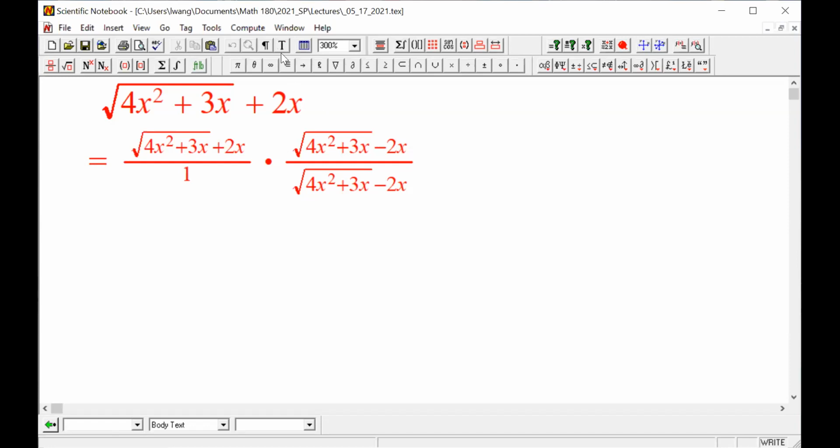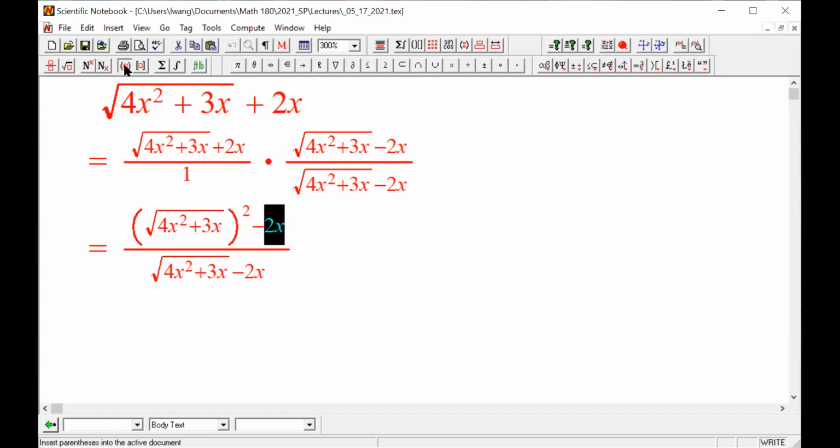Next, we got the denominator, 1 times that, so there's no change. Denominator stays the same. Numerator, you just have a squared minus b squared, right? So you have this over here, that's a squared minus b squared.